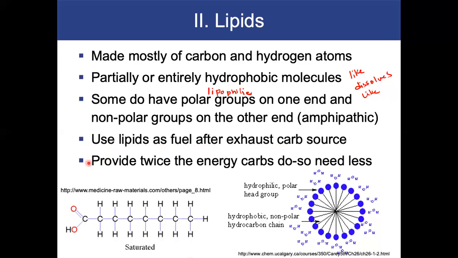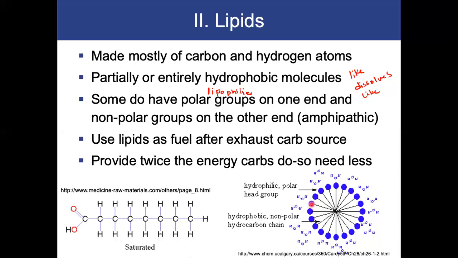Carbs give you 4 calories per 1 gram, and fats give you 9 calories per 1 gram. So fats give you twice the energy, so you don't need to have a lot of them in your diet.